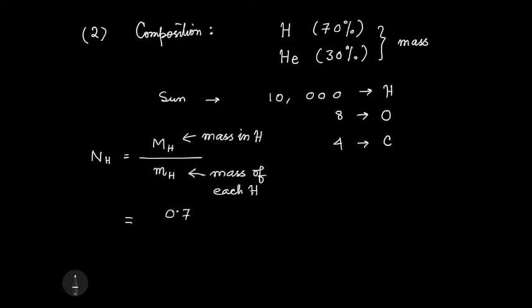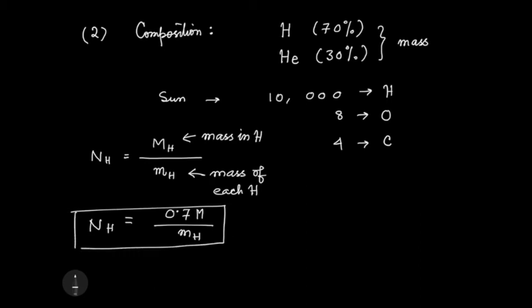And now I know that this is 70%, so I can just calculate it this way. I don't need to bother about the oxygens and carbons because to the first precision they are not there. Okay, so that is about the composition. We'll talk about composition again in a short while.